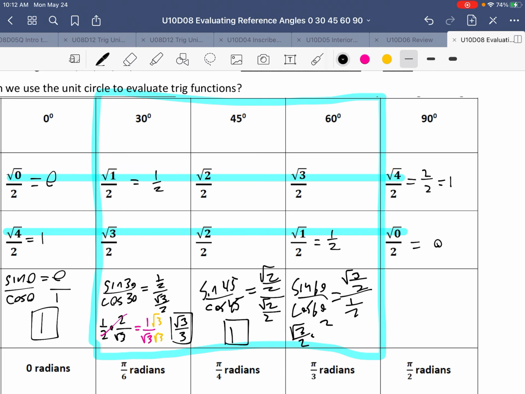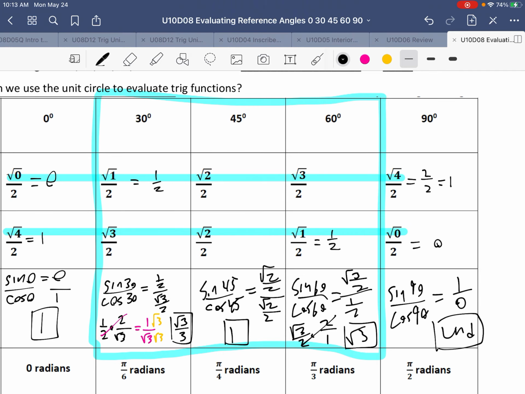By keep change flip, we get radical 3 over 2 times 2 over 1, where the 2's cancel out, and our final answer is radical 3. And for the tangent of 90, that is going to be the sine of 90 over the cosine of 90, which is equal to 1 over 0, or undefined.